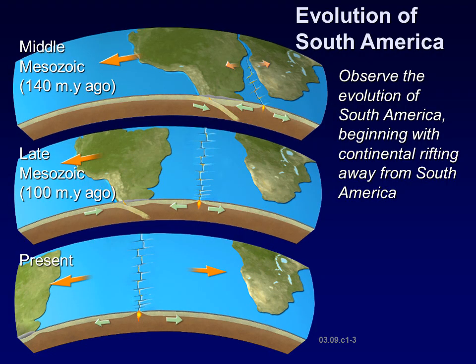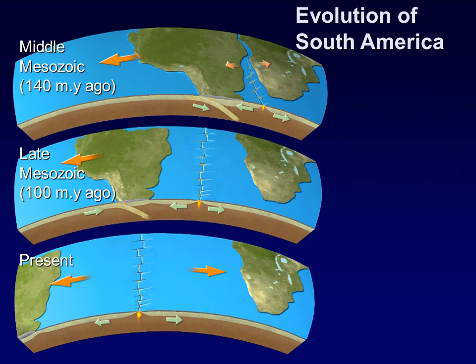Evolution of South America. So just taking a look at how, on a geologic scale, things have changed so rapidly. So just 140 million years ago, and remember the Earth is 4.5 billion with a B, 4.5 billion years old, the Earth was formed, and only 140 million years ago, we've got South America rifting away from Africa.